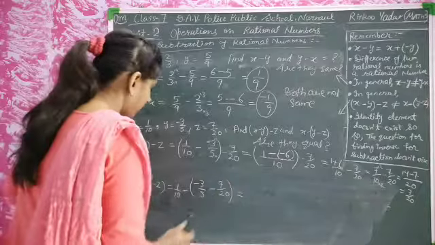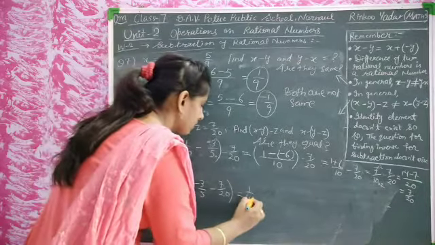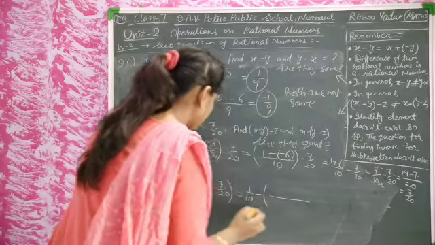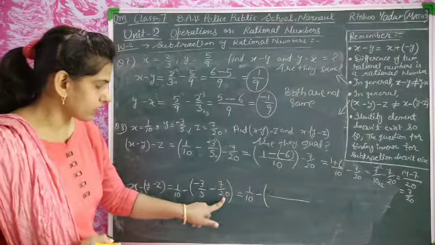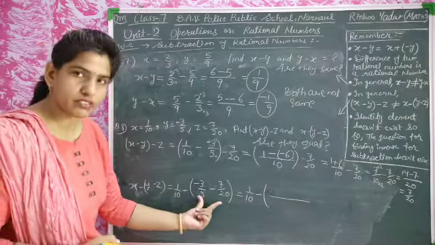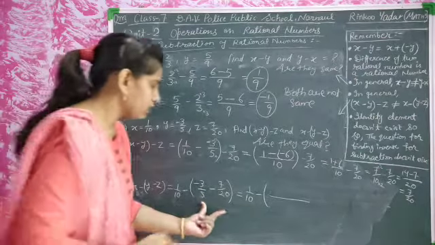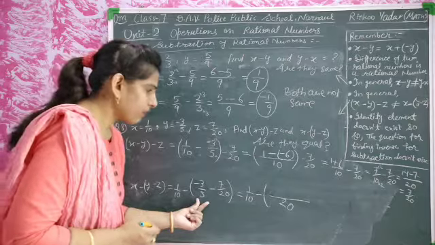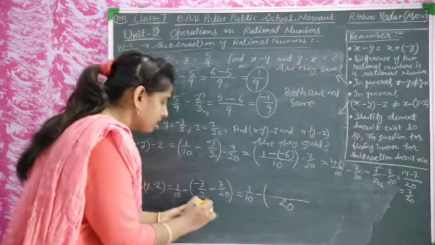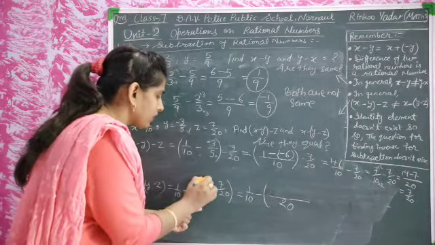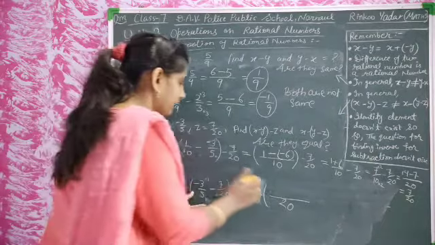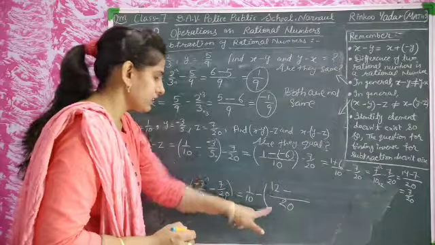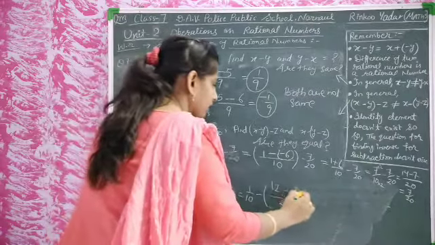Now in the next part, 1 by 10 minus, taking the LCM, the greater number 20 is divisible by both the numbers. So the LCM is 20, dividing by 5, 4. It means 5 times 4 is 20, it is also multiplied by 4. Minus 3 times 4 is 12, and minus 7 by 20, the same LCM, so the same denominator.